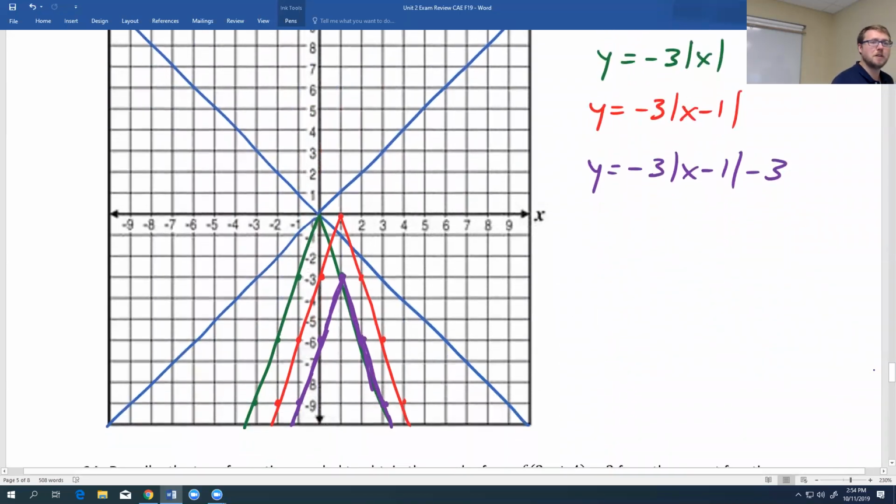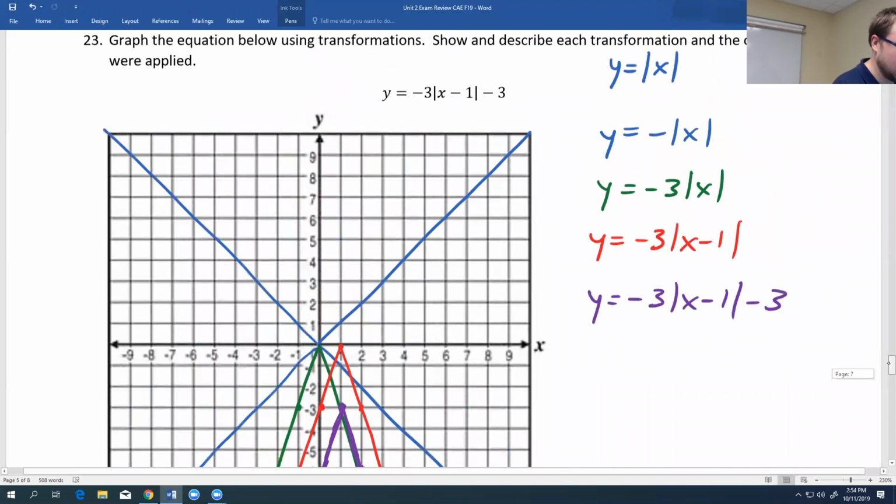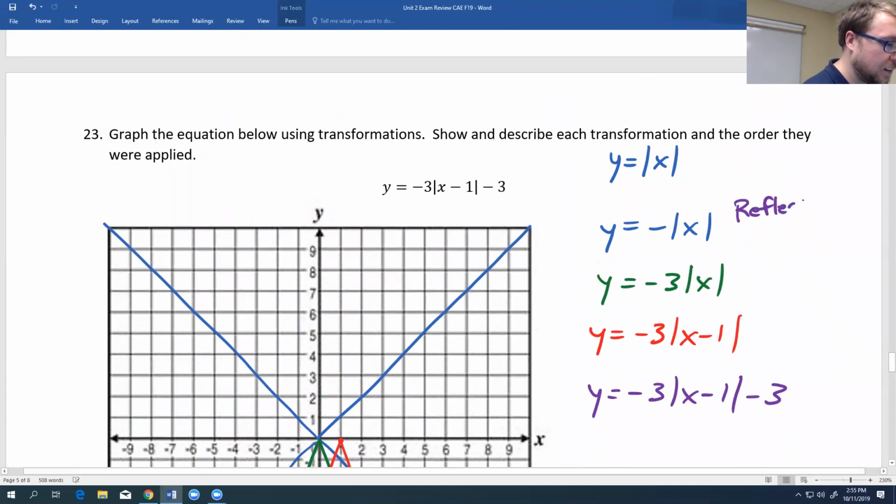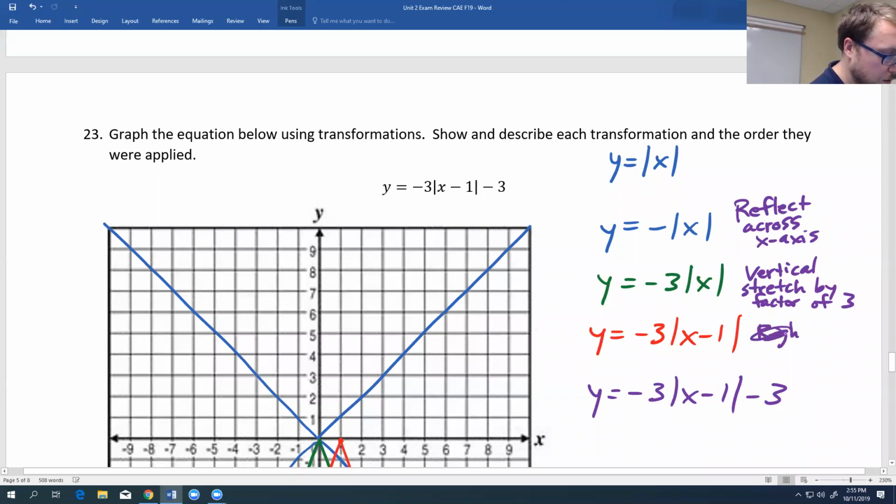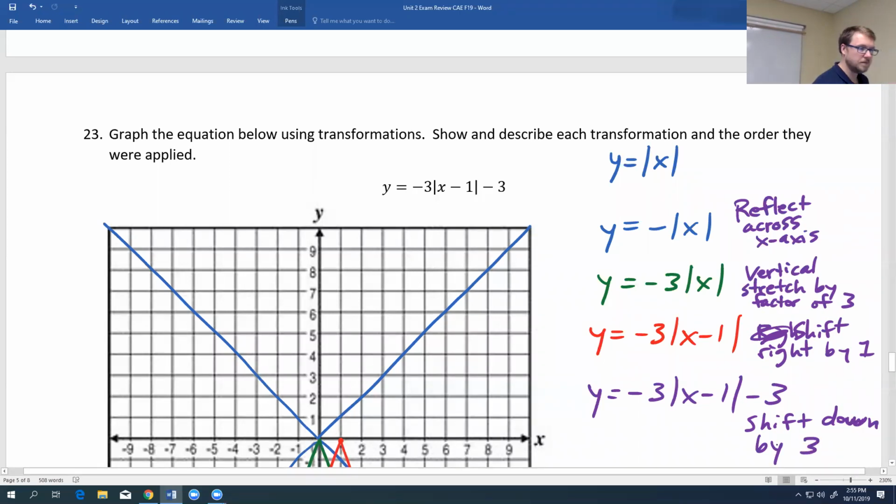If they want words: reflect across the x-axis, vertical stretch by a factor of 3, shift right by 1, shift down by 3. All right, everybody happy?